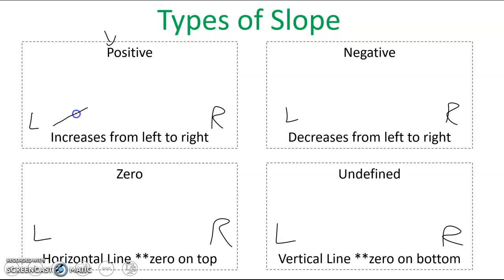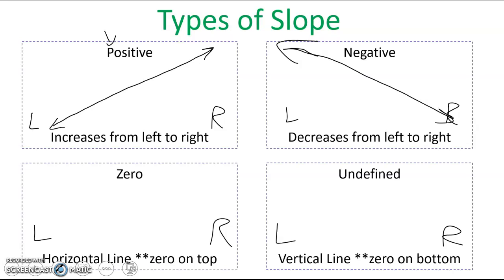Remember, we're talking about straight lines here. Our positive slope is going to look like this. It increases as we go from left to right. And then our negative slope is basically the opposite. From left to right, it decreases. So it starts up high and goes down as you go to the right there.